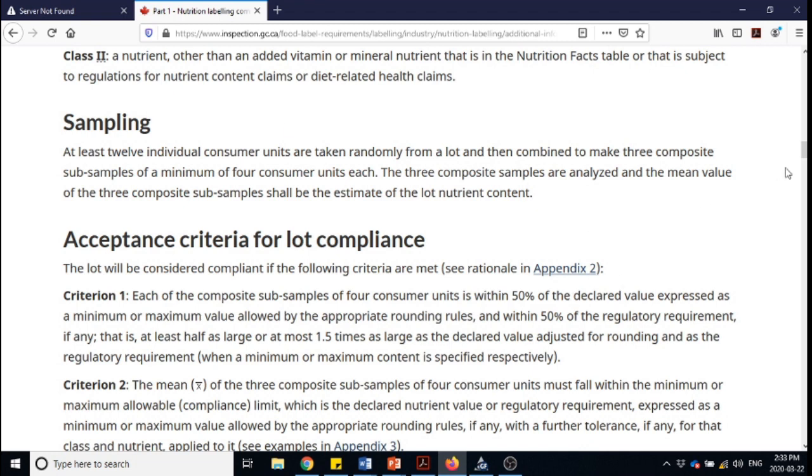Right now my internet is turned off, so I can't link out to Appendix 2. Depending on the quantity of production, that lot could be much larger than 12. However, the minimum number is 12, and then they're compositing it into 3 composite subsamples that are homogeneous in nature.